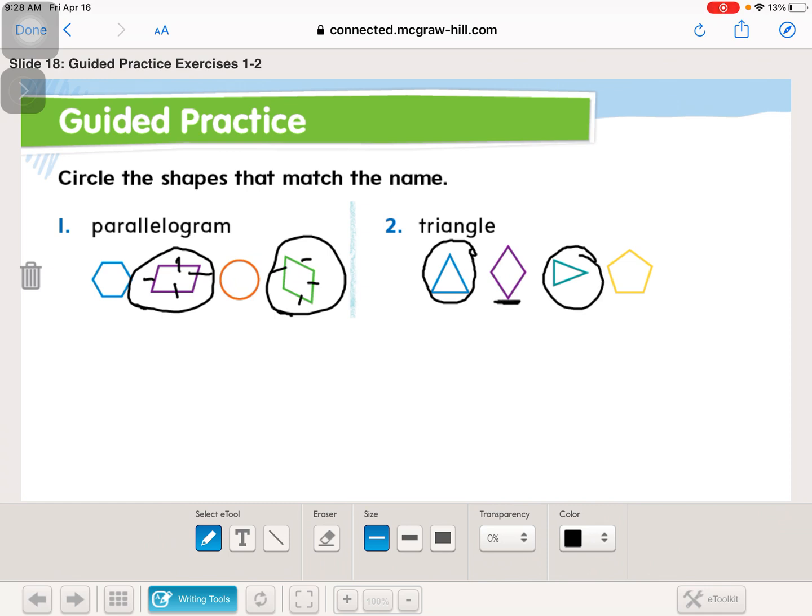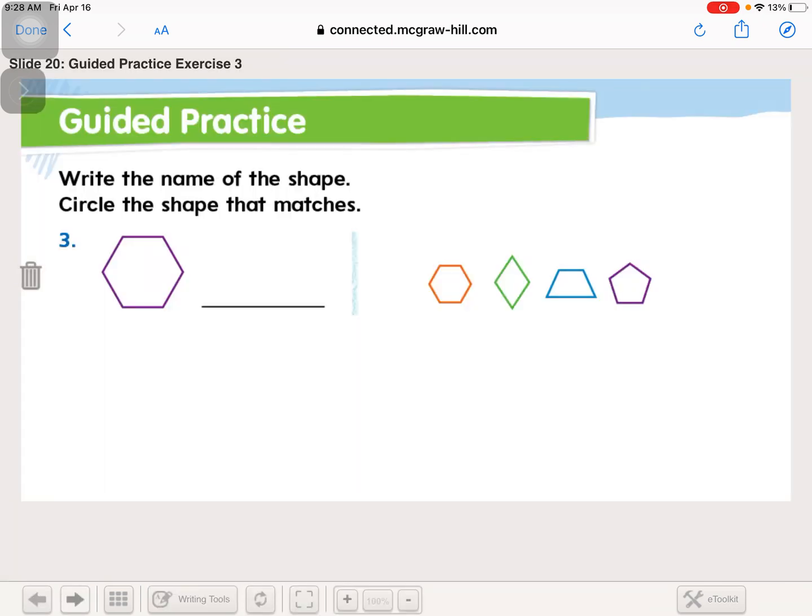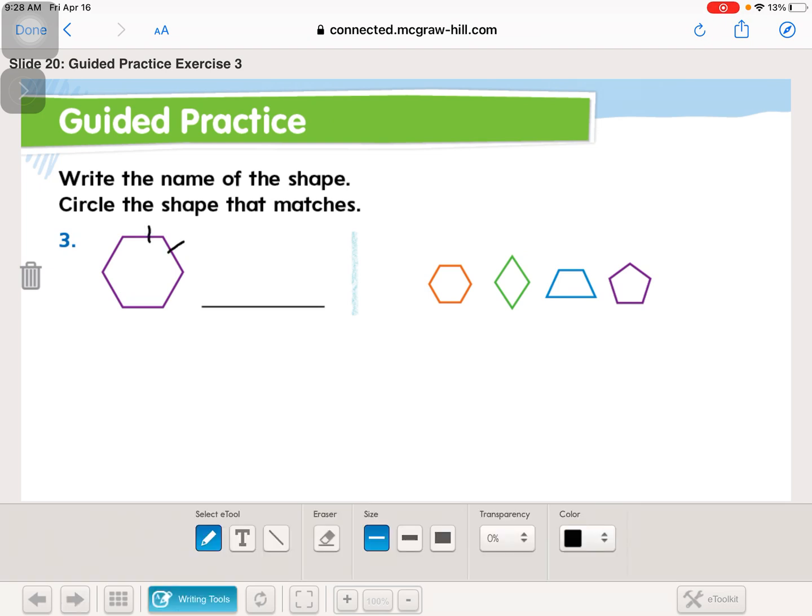This one is not, it has 4 sides. This one is not, it has 5 sides. Write the name of the shape, circle the shape that matches. So let's count the sides, that's how we can identify it. 1, 2, 3, 4, 5, 6. This is a hexagon.